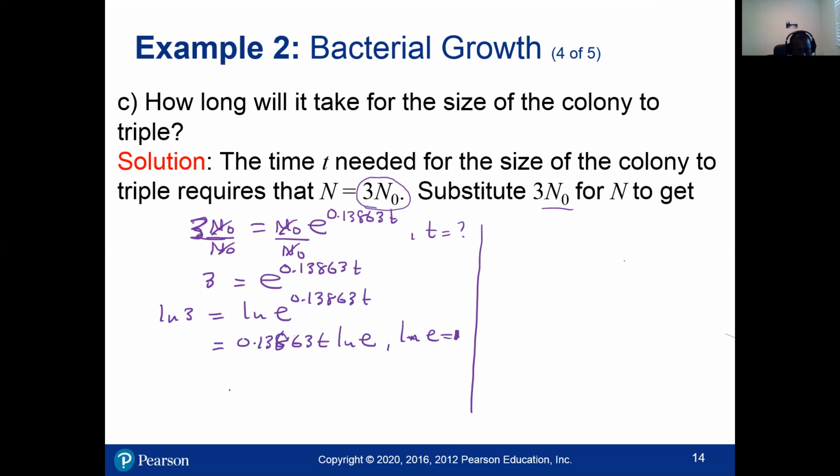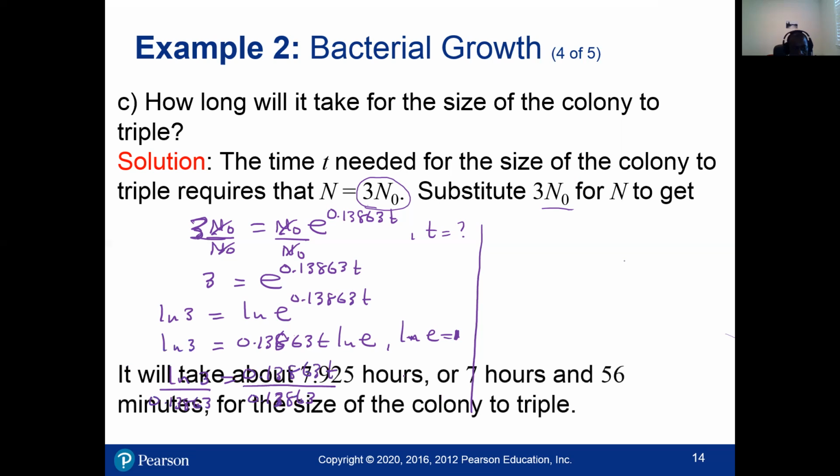Okay, so what does that give us? Natural log of 3 is equal to 0.13863 times t. Divide both sides by the coefficient, 0.13863.